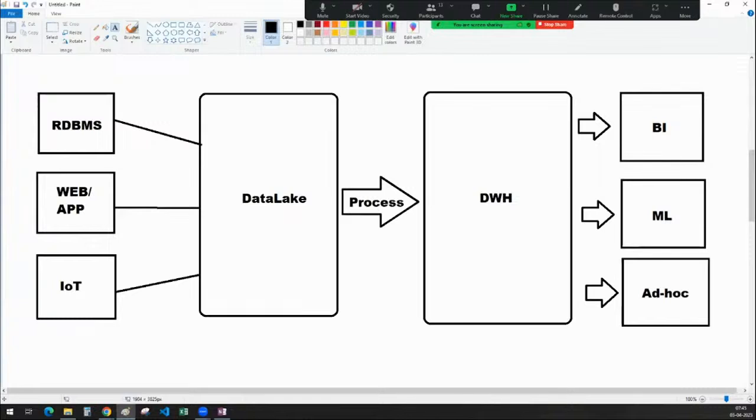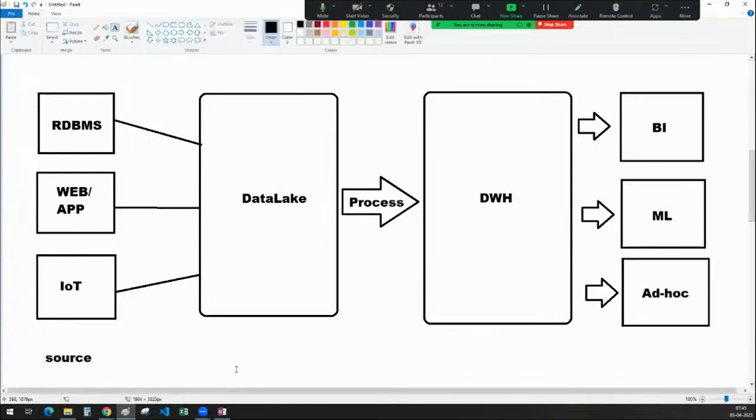Okay, so this is the typical architecture of a data world, guys. In data engineering, at a high level, this is what we do. We will be working on an ingestion process. Here you can think of this as a source.